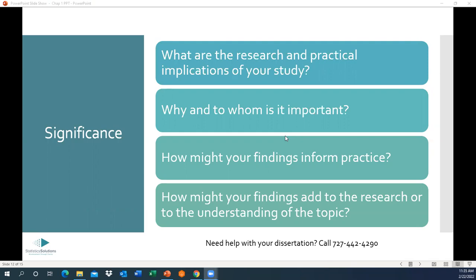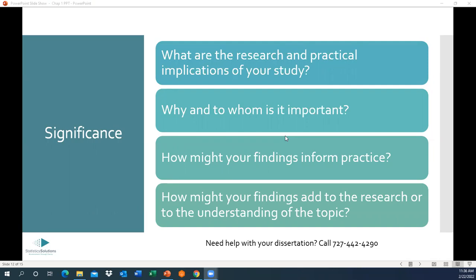There may be theoretical implications, if this theory is appropriate to study this population. And the other part is how it can inform practice, right? So why and to whom might the information be important? How might your findings inform what people do in your area at the level of practice?